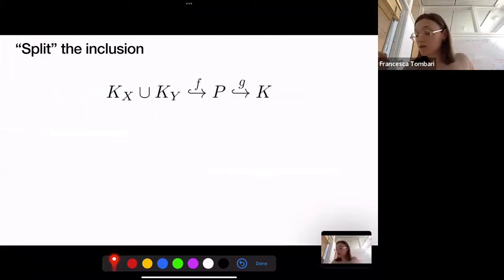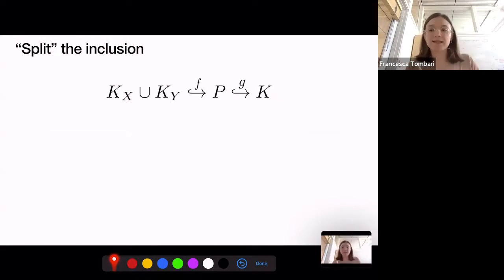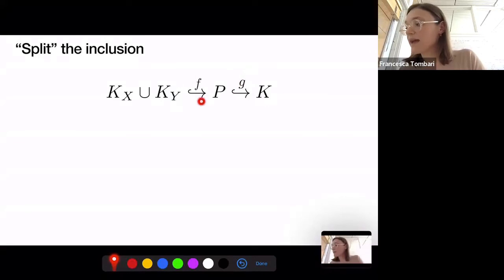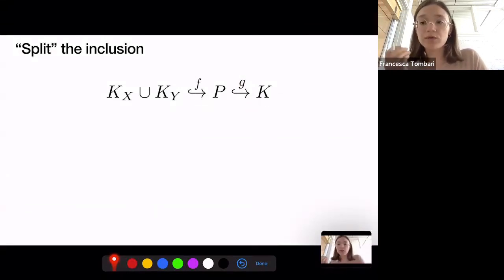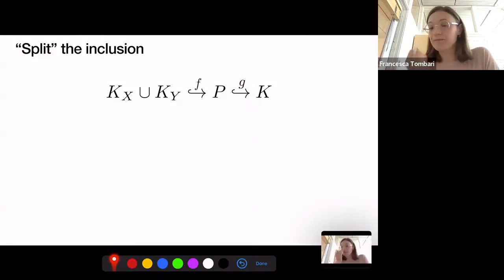And so after observing that P is a subcomplex of K, we actually also observe that it contains the data-driven decomposition of K. So we can split the inclusion map of the data-driven decomposition into K with these two other inclusion maps, F and G. So we reduce, or better, we translate the problem of understanding the inclusion map before into understanding these two inclusion maps.